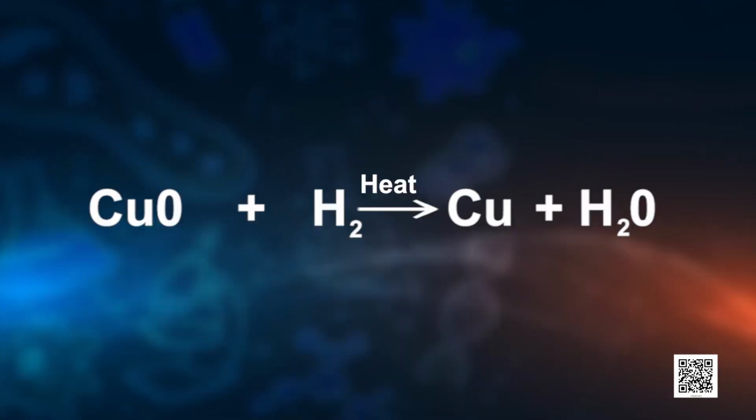Now, if hydrogen gas is passed over this heated material, that is copper oxide, what will happen to the black coating? Does the surface turn brown? Well, yes, the reverse reaction takes place and copper is obtained back. You can see it on the screen. So, if a substance gains oxygen during a reaction, it is said to be oxidized.